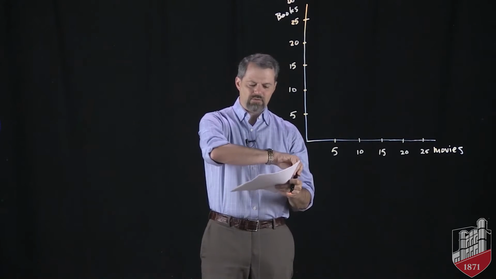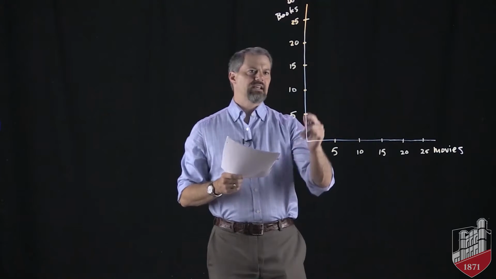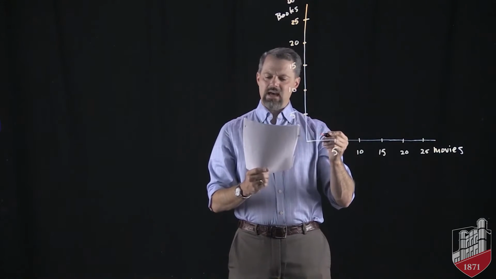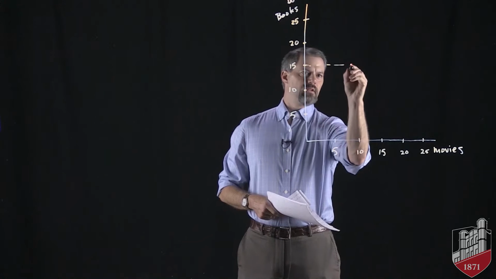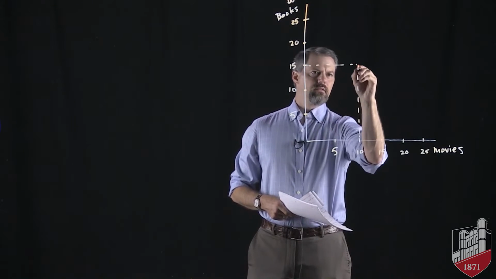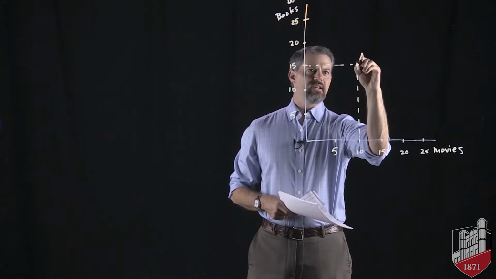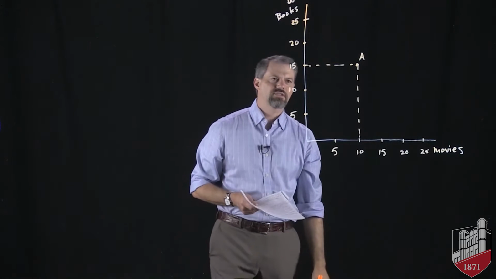So let's pick a bundle to start with. Let's start with a situation where we have, let's say, 15 books and 10 movies. We'll call that point A. Okay, so we're going to start with point A.